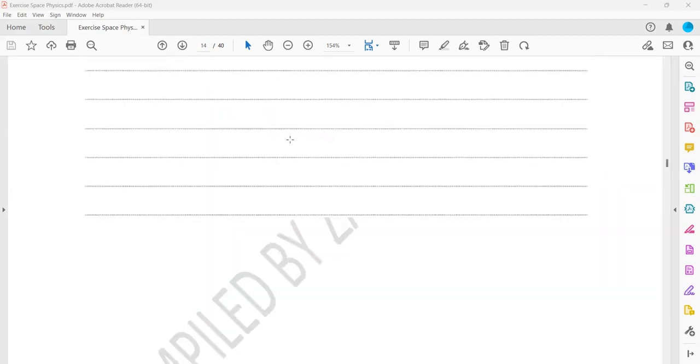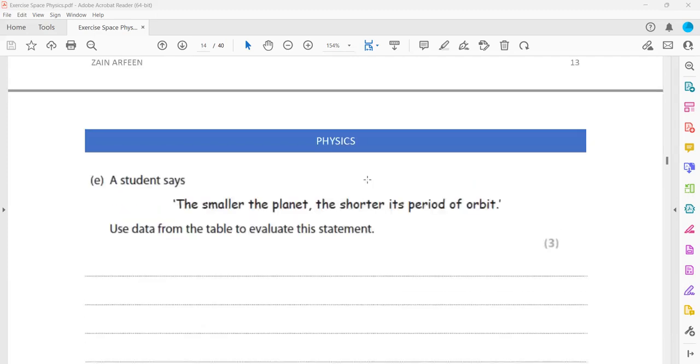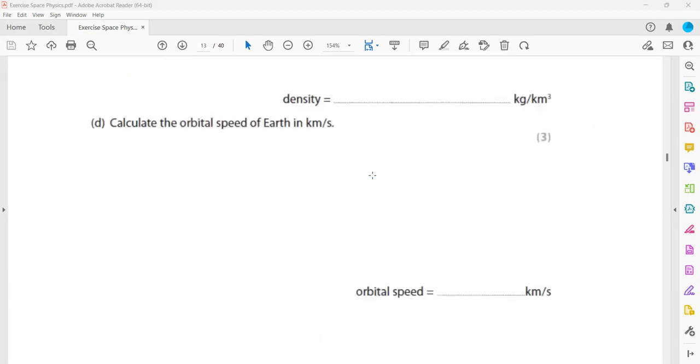Then in part E, a student says that the smaller the planet, the shorter its period. Use the data from the table to evaluate this statement. The student is saying that the smaller the planet, the shorter its orbital period.